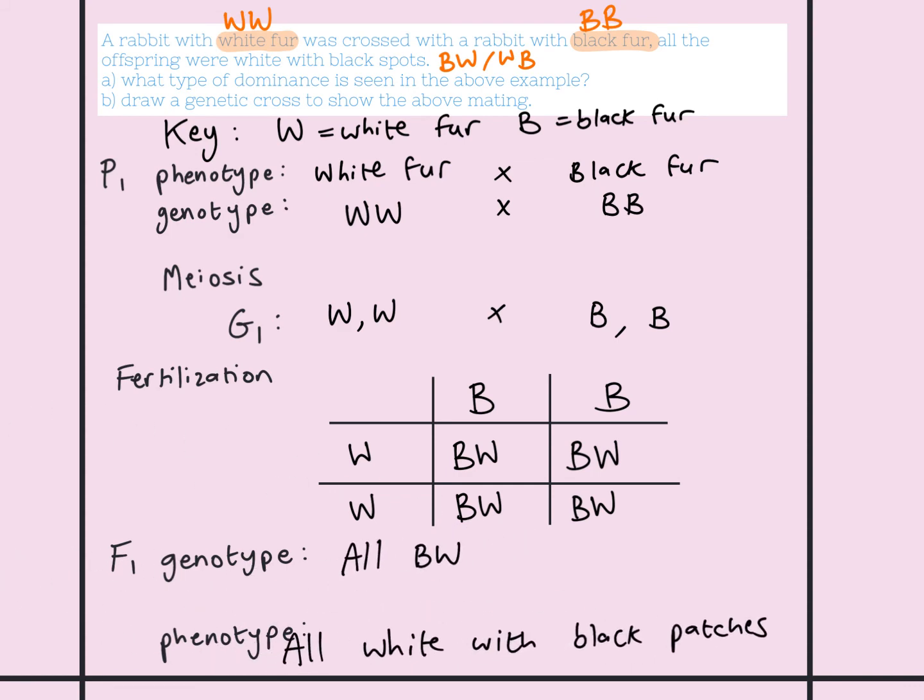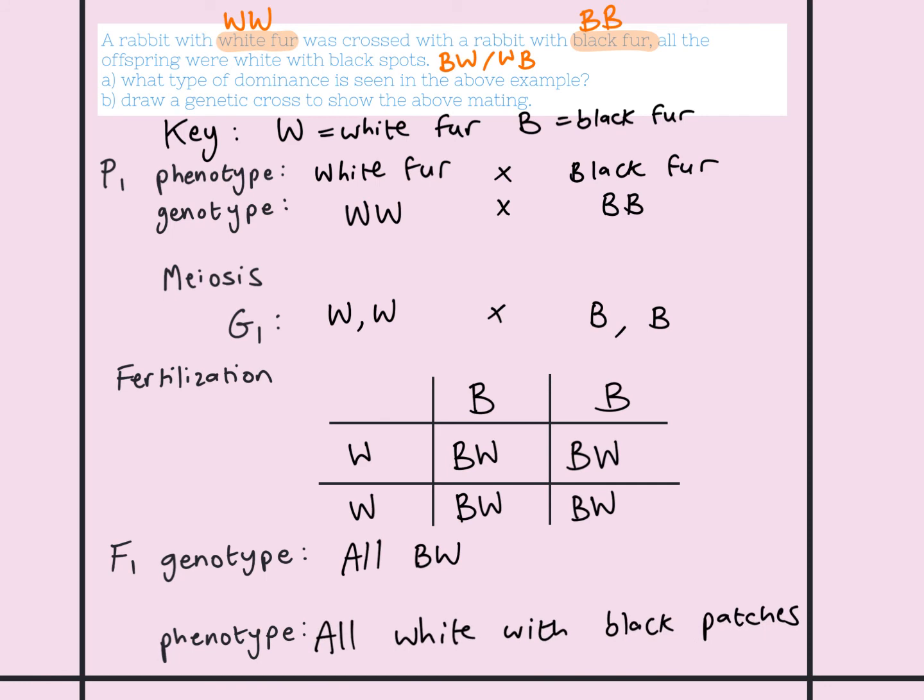So again, remember, you don't technically have to write out the all with BW. If you want to write the genotype for the F1 next to the Punnett square to show that what you are finding out in the Punnett square is indeed the F1 genotype, you are welcome to do that. But I rewrite it for monohybrid crosses just for clarity. You must always translate that, though, into the phenotype.